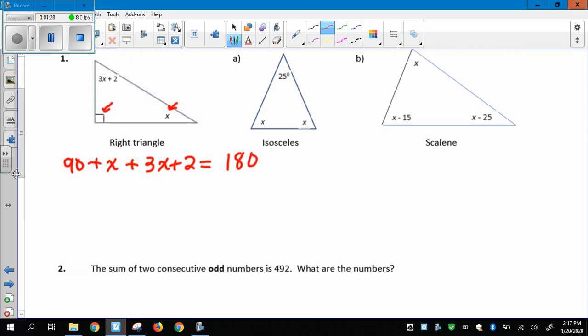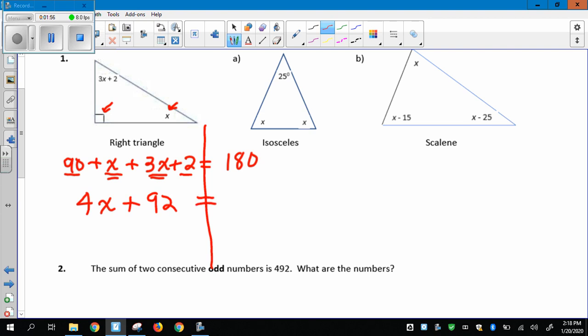All right, right away you're going to notice that there are many more than two terms on this side, so there should be some like terms that we can combine, and in fact there are. We can combine the x with the 3x. Remember, x means 1 times x, and then we have 3 times x. Together that makes 4 times x. And then the constant terms we can add together are 90 and 2.